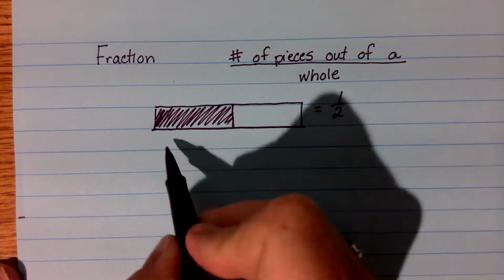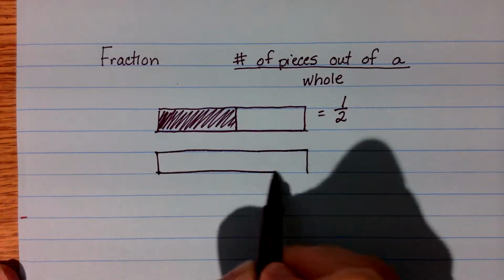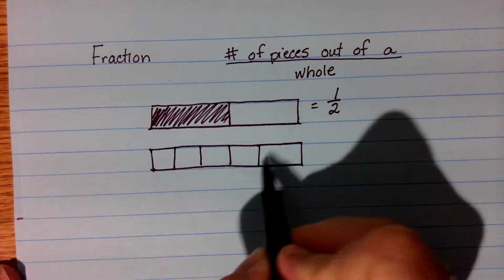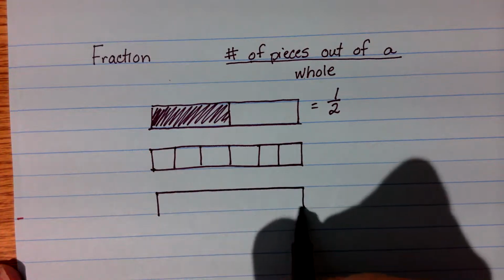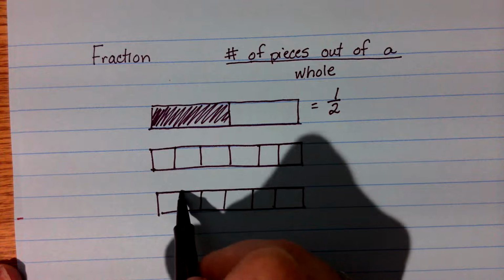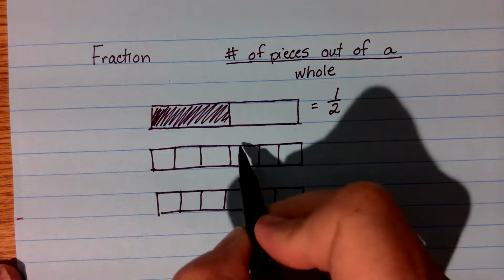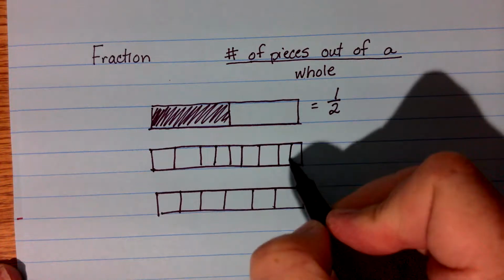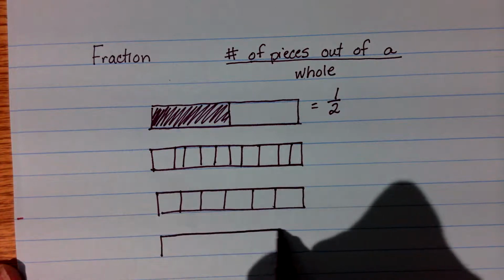So they may give you something like this, where they have, pretend those are all the same size, remember. In a perfect world, these would all be the same size. The pieces would all be the same size.